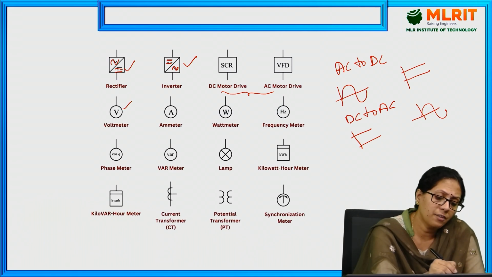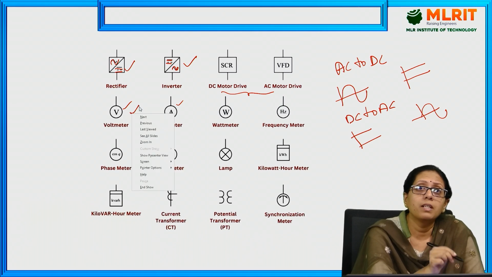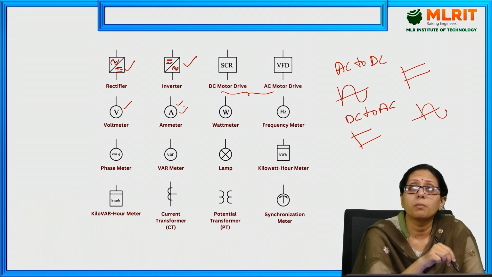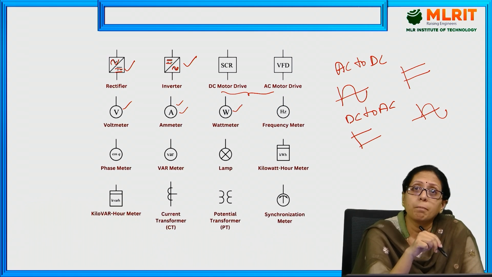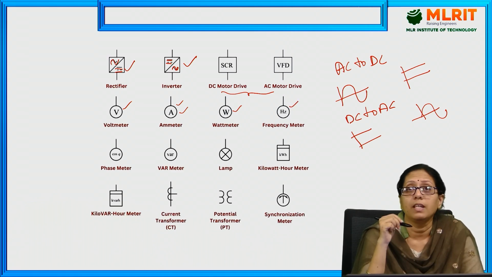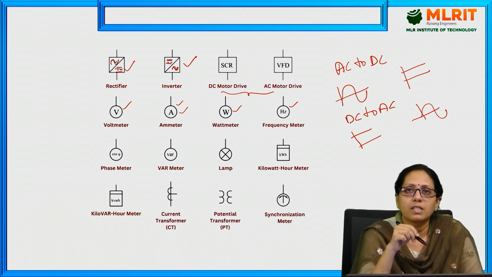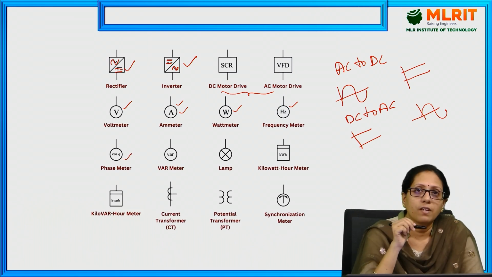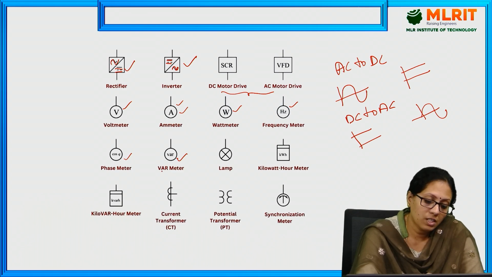Here you can see different types of meters, that is voltmeter. Voltmeter means which measures the voltage, and ammeter which measures the current, wattmeter which measures the power, frequency meter which measures the frequency, phase meter which measures the phase, VAR meter which measures the VAR.